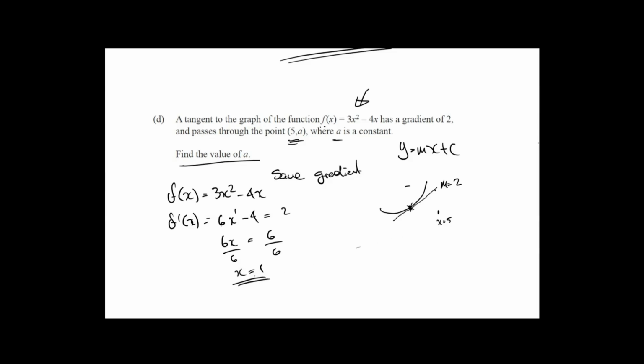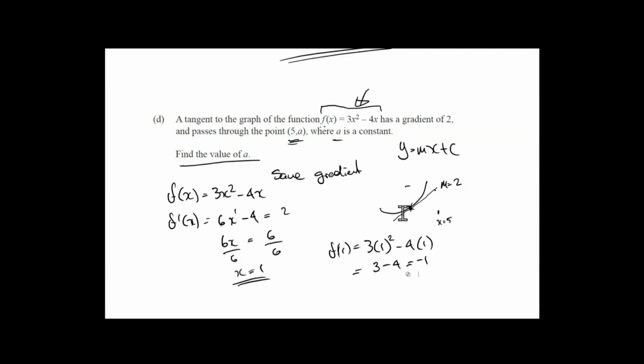All right, so if x equals 1, let's go to the original equation and find where exactly they cross. So f of 1, I can think of another way actually of doing this, but let's stick with this way, is 3 times 1 squared minus 4 times 1. So 3 minus 4 is minus 1.